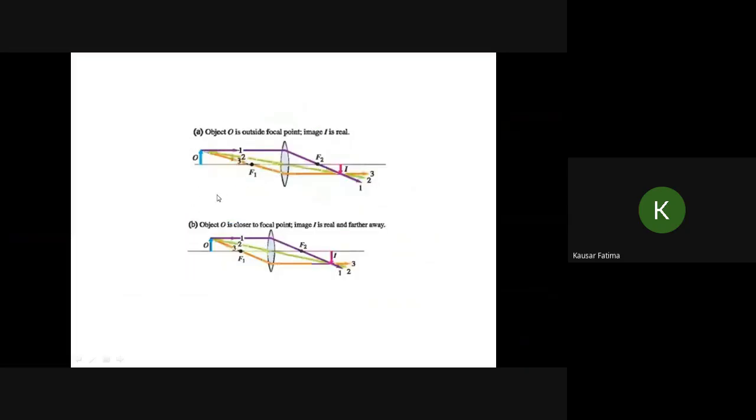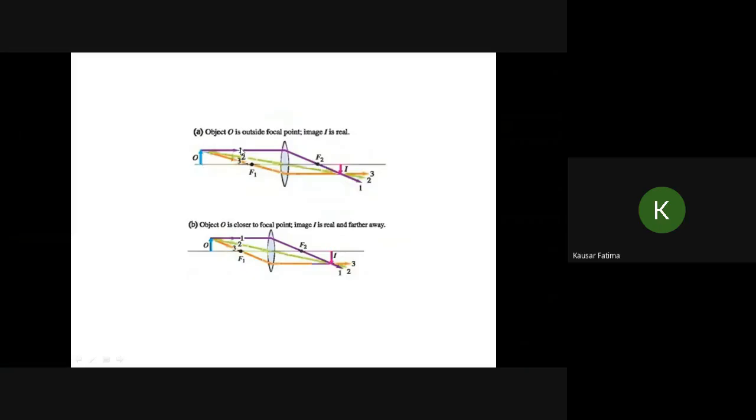Now this is the image formation. The image is real depending on the position of the object. If the object is placed beyond principal focus, the image will be real. Here this is principal focus F1 and the object is placed beyond it.